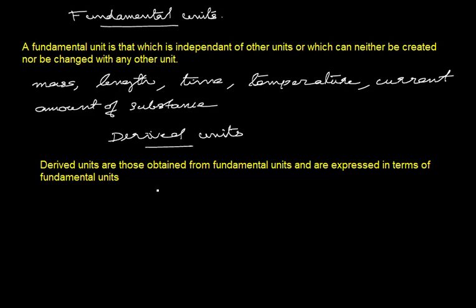Therefore, derived units are those obtained from fundamental units and are expressed in terms of fundamental units. For example, if we want to measure surface area, then what unit will we use? How can we find out the unit of surface area?